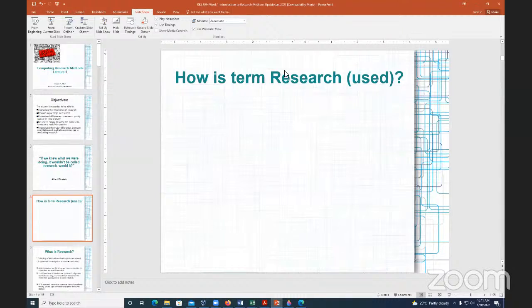Somebody said uncovering documentation and facts and information on a subject. So yes, that is how most people in everyday life use the term research, not true, guys?